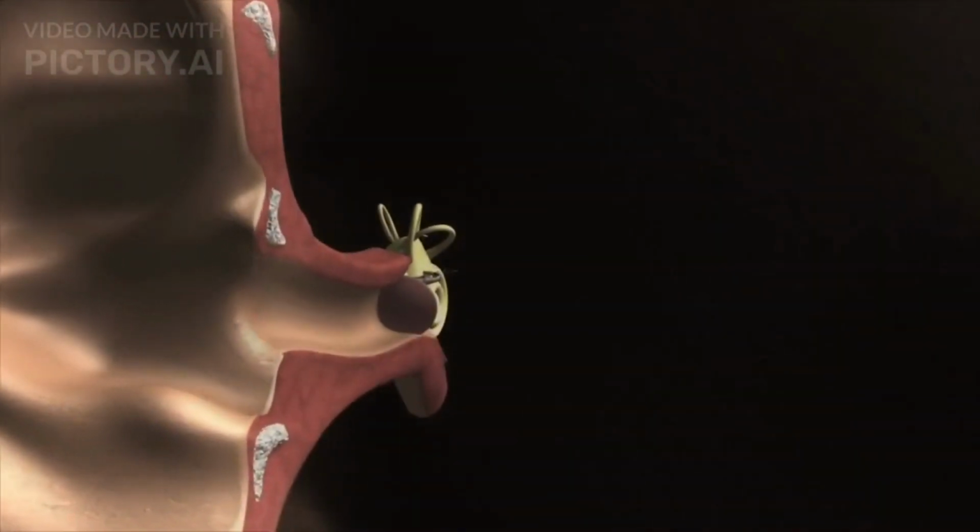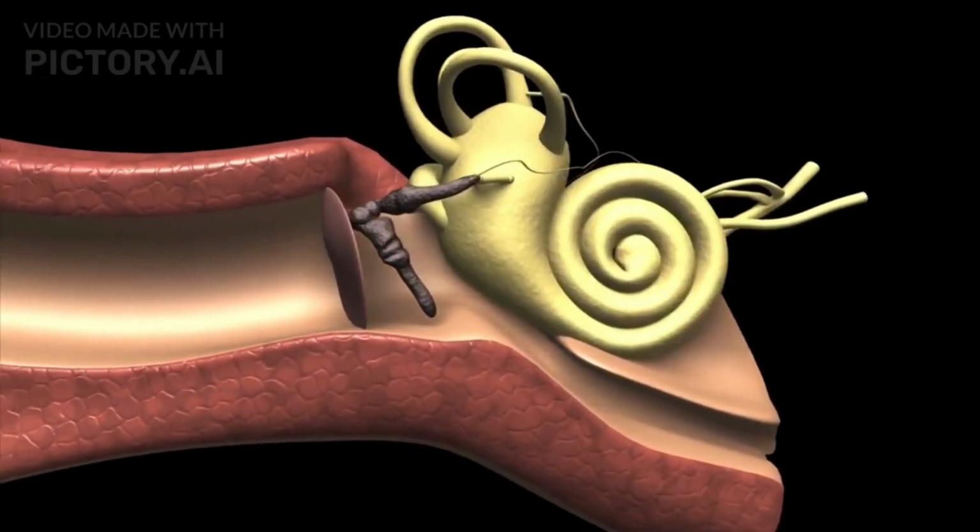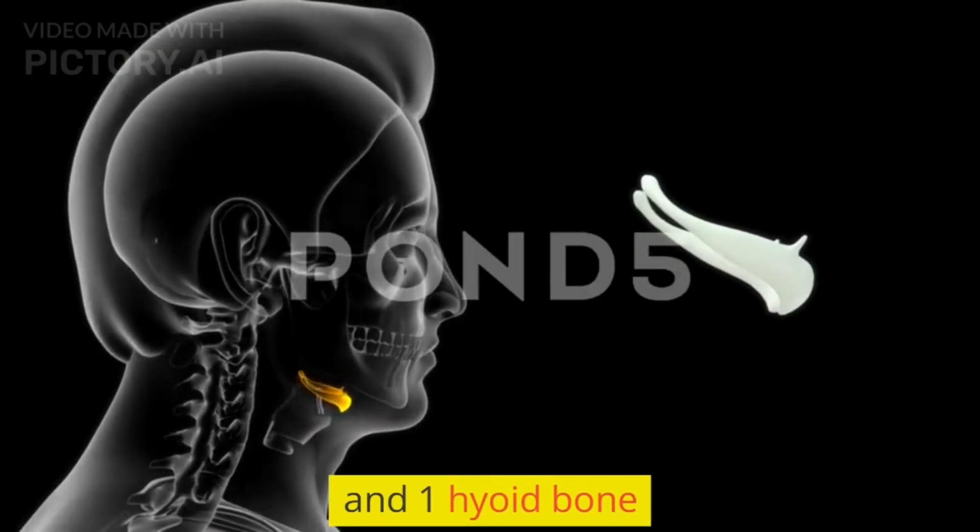The remaining 6 bones in the head are 6 ear bones and 1 hyoid bone.